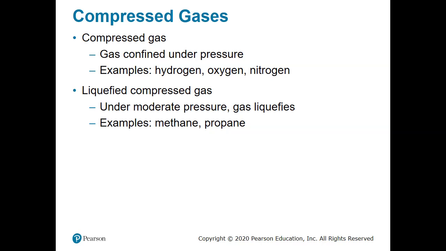Some common examples: compressed hydrogen, compressed oxygen, compressed nitrogen. So things that you might buy from an air gas supplier, things that you might find in an anesthesiologist's purview. Those would certainly qualify as compressed gases.